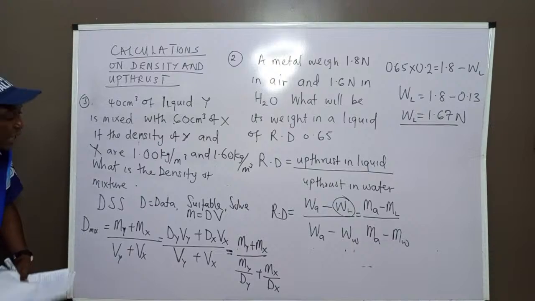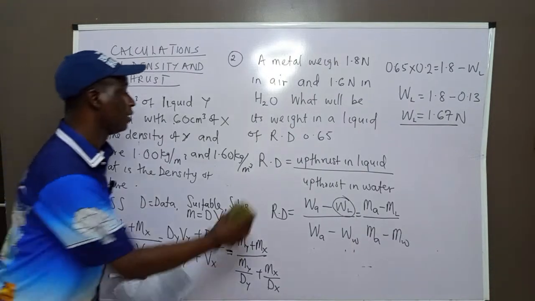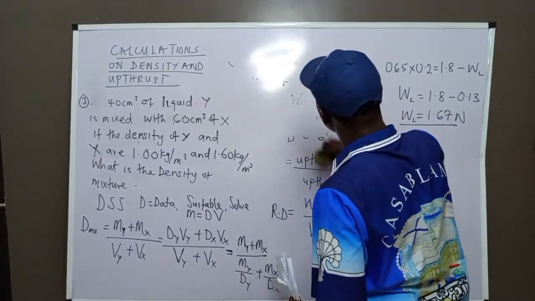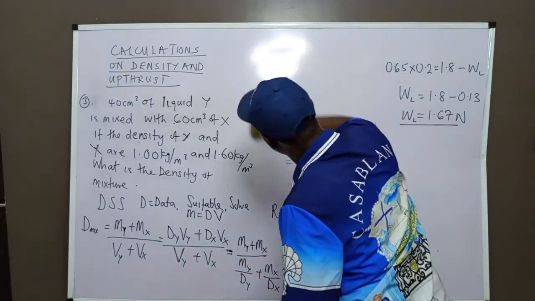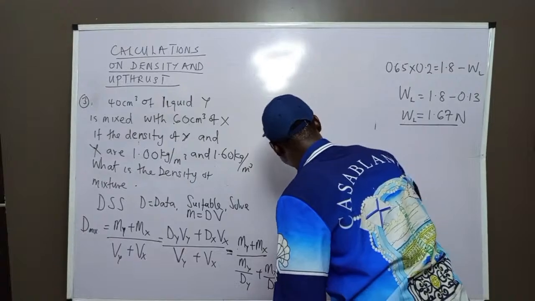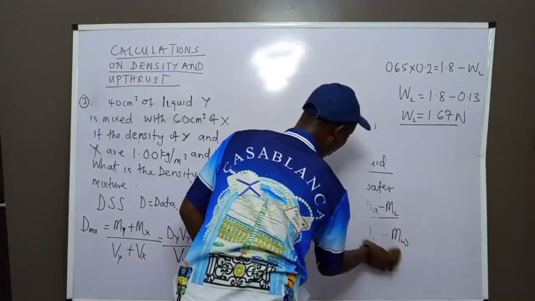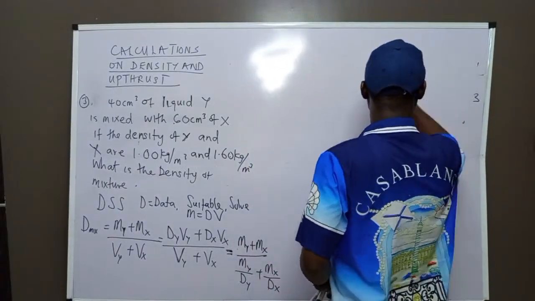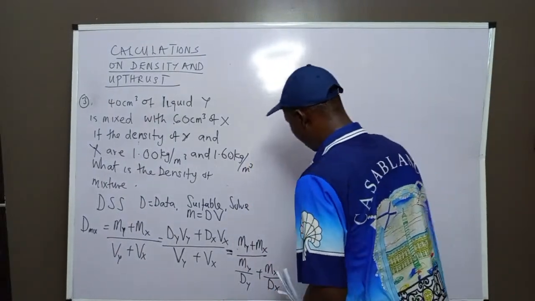Now, since we have our formula, let me clean this side so that it will not mix up. Let us now input all our parameters there and solve them accordingly. Let's input all our data that has been listed on the board, then we solve.